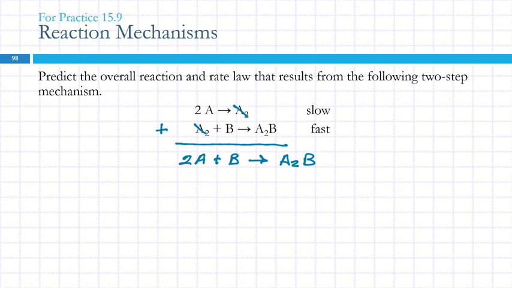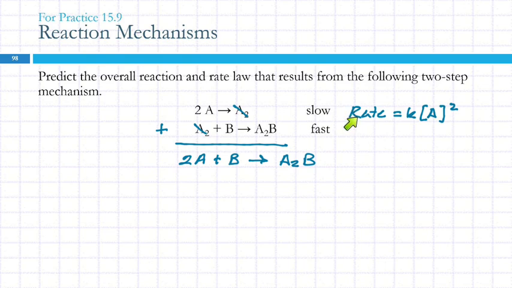Which step is going to help us predict the rate law? The slow one. So the slow step predicts that the rate will equal a constant times A squared. Does this have a problem child?